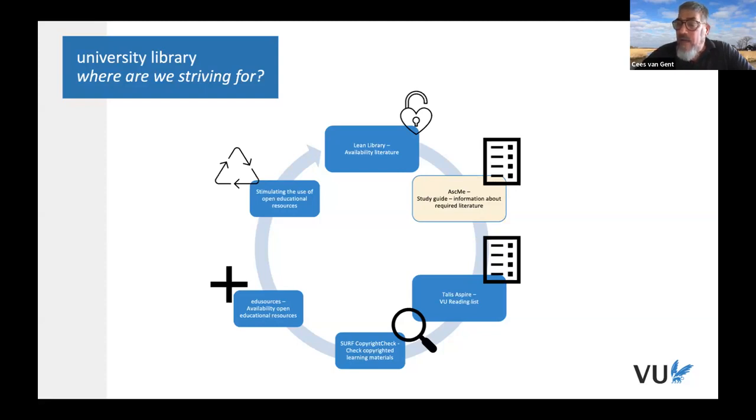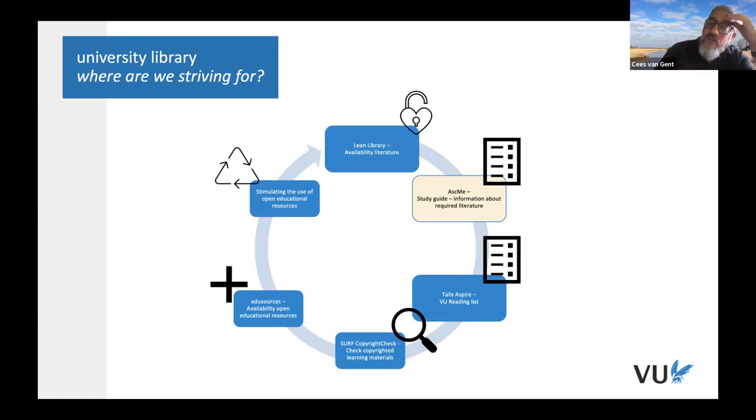So, as I told you, I was head of educational support services at the Faculty of Sciences. And one of my main interests there was educational logistics: how do you organize your education in a good way?